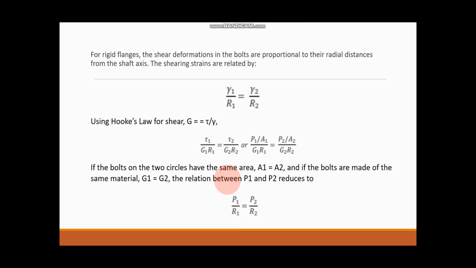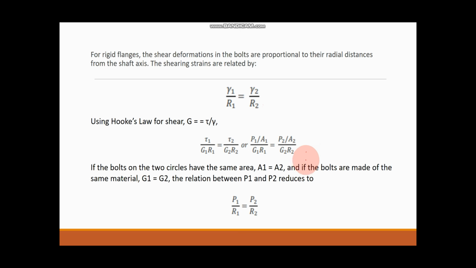So for rigid flanges, the shear deformations in the bolts are proportional to the radial distances from the shaft axis. Therefore, the shearing strains are represented by this formula. And then using Hooke's law for shear, in which our shear modulus is equal to the shear stress all over the strain, this is its formula.